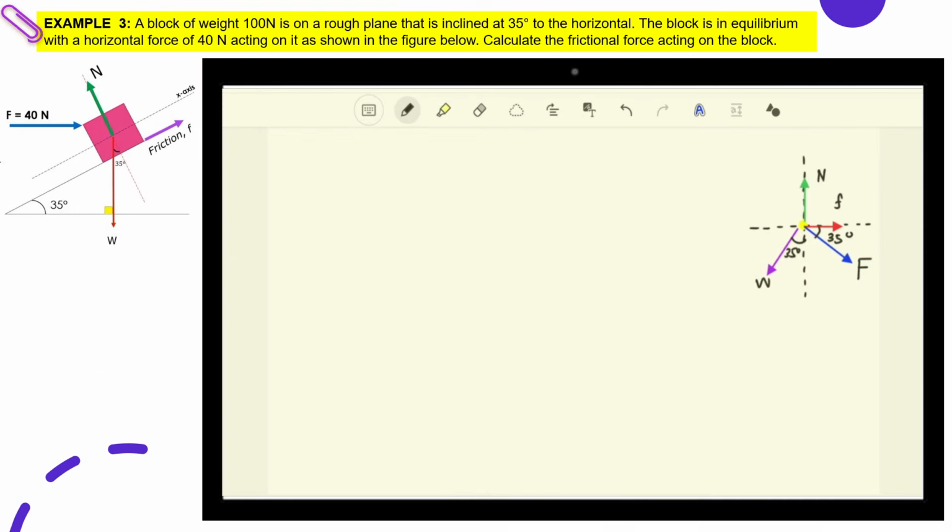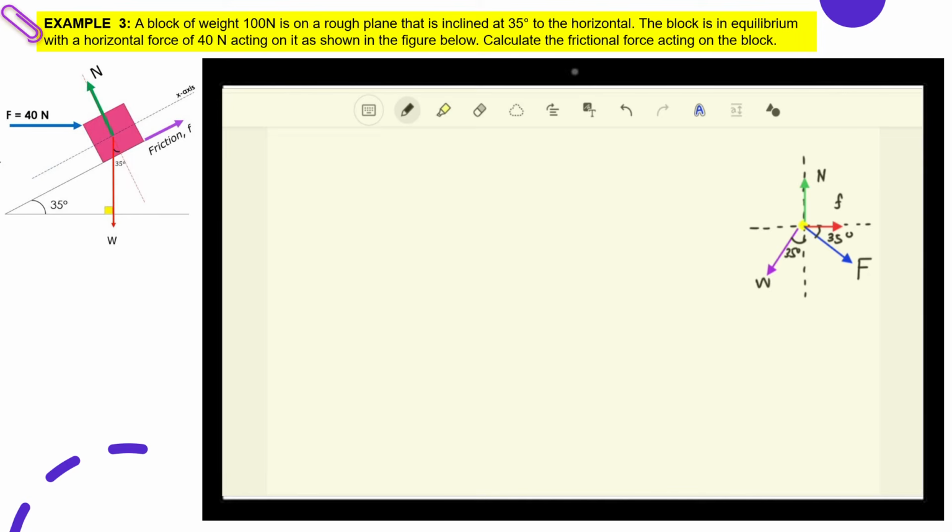Okay, so now let's proceed to question number 3. We have a block of weight 100 Newton on a rough plane that is inclined at 35 degrees to the horizontal. As we have discussed before, we need to draw the free body diagram first before we start the calculation.